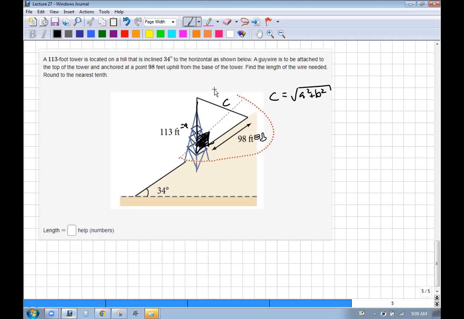But I totally did it wrong, because this is not a right angle, since this thing is on a hill. So it's actually uphill.